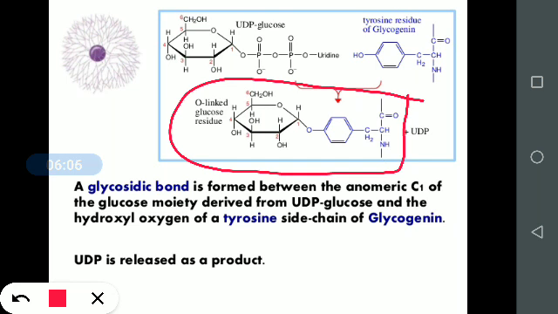A glycosidic bond is formed between the anomeric C1 carbon of the glucose moiety derived from UDP glucose and the hydroxyl oxygen of the tyrosine side chain of glycogenin. So UDP is released as a product.